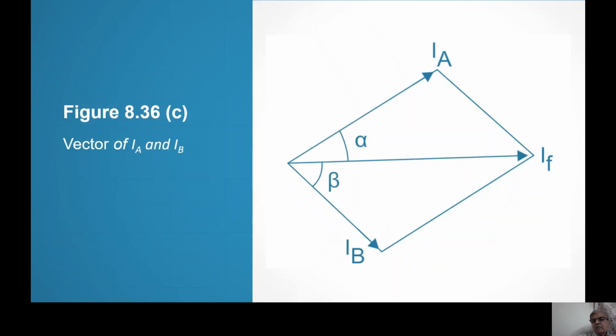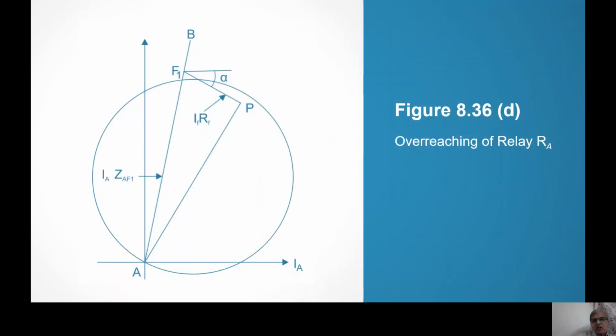IA is leading IF, means IF is lagging IA. So IF is like this. It is lagging IA by alpha. So IF into RF takes me to point P.